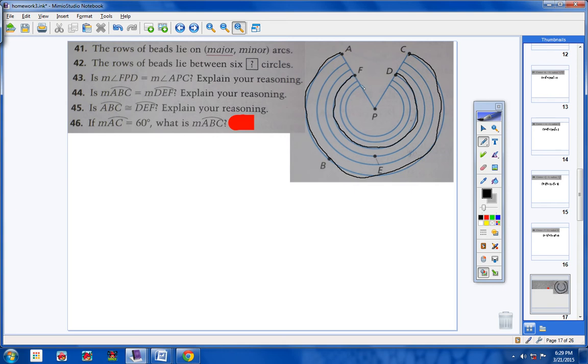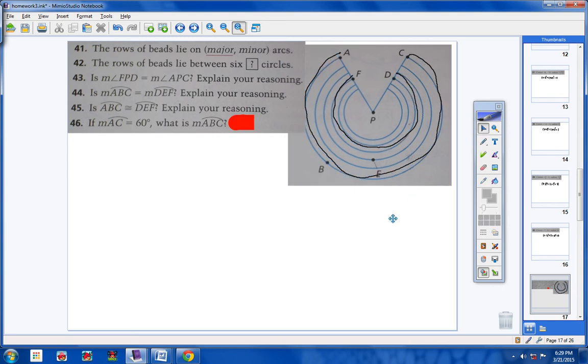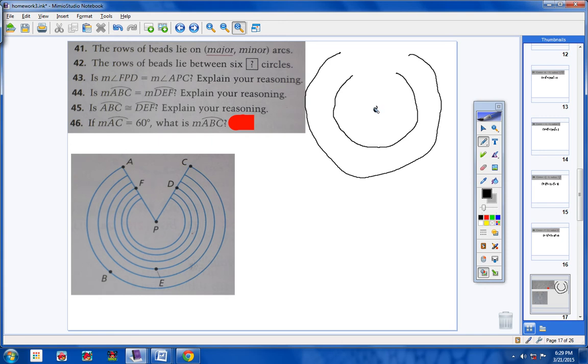Do you not see how they have the same central angle? That's what can be confusing. Let's pretend for a second that the central angle here is, I don't know, 30 degrees. Then this arc here would be 30, and this arc here would be 30. But they're still not congruent.